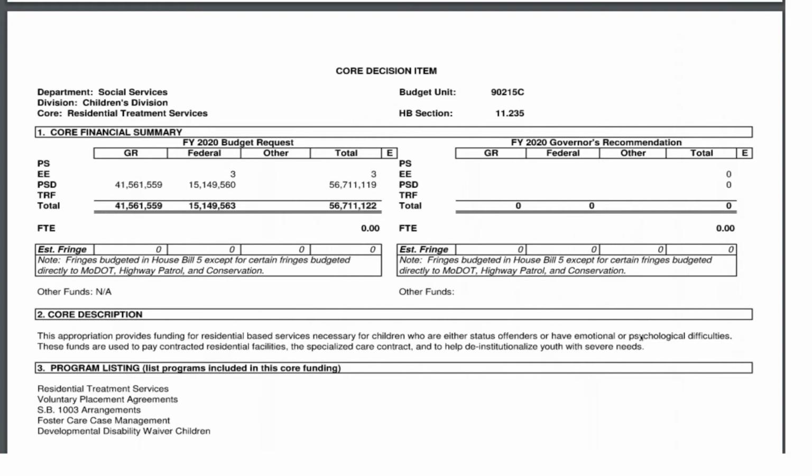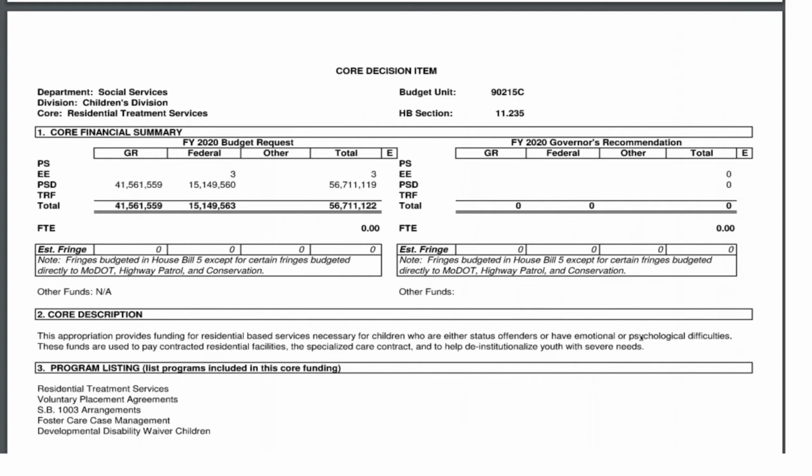This happens to be the Children's Division core decision item for residential treatment services. And you can see on the left-hand side of the screen what the GR component is. That's the funding dollars that come from the general revenue budget. Then you see how many dollars tracked down from the feds, and then the total. So you'll have GR, federal, other, and total.